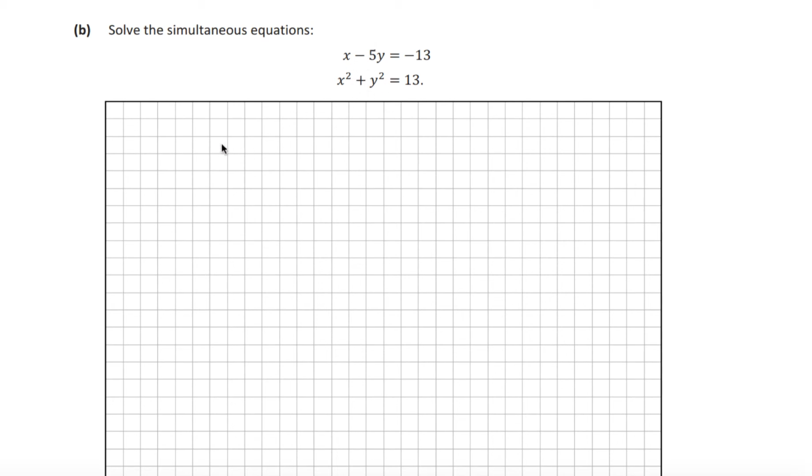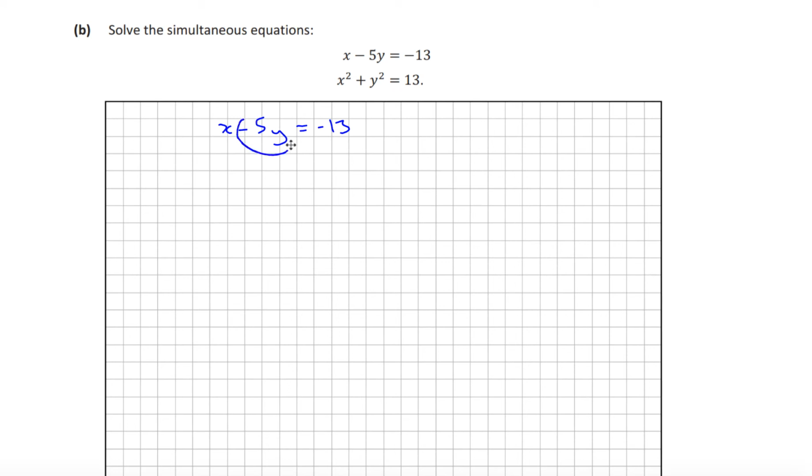So what we're going to do here is rearrange the first equation to make x the subject, and I'm going to substitute that into the second equation. So the first equation, x minus 5y is equal to minus 13. I'm going to rearrange this a little bit.